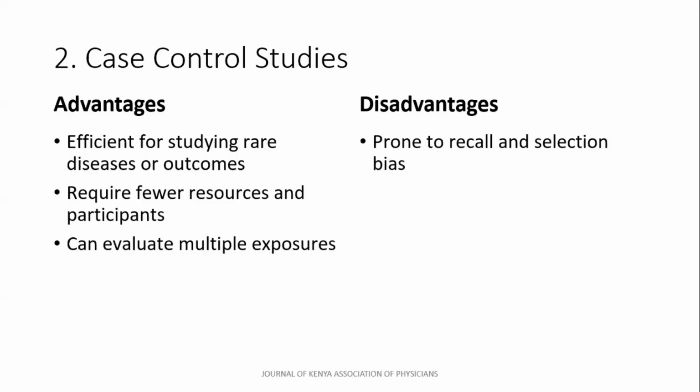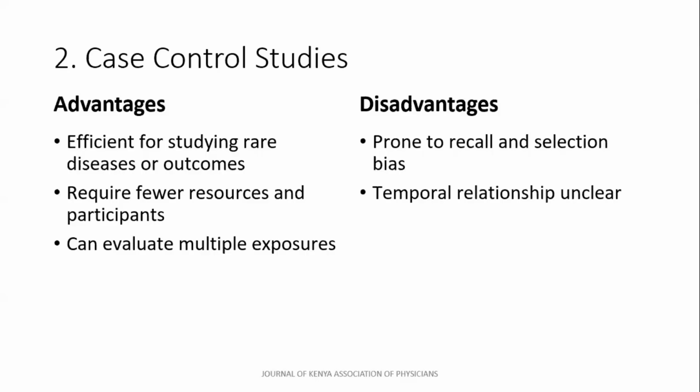Now for the disadvantages, they may be prone to recall bias. The patients may forget or misreport past exposures. They're also prone to selection bias, especially if controls aren't chosen carefully. The temporal relationship may also be unclear. We may not know the exact duration, maybe the exposure would have led to development of the outcome of interest.